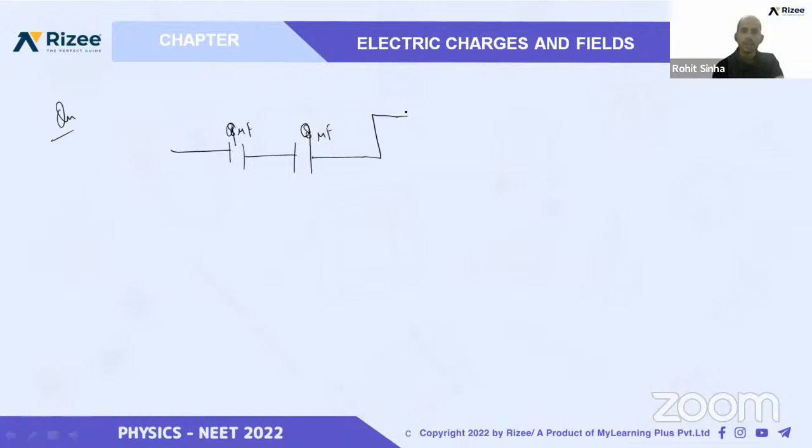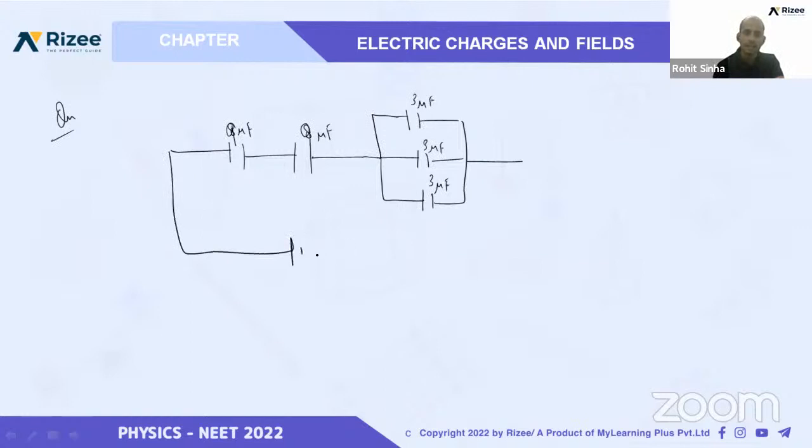Here we have 3 microfarad, 3 microfarad, 3 microfarad. And the arrangement is like this, attached with a cell having a potential of 10 volt. We have to find the charge flowing through this capacitance. We have to find Q.